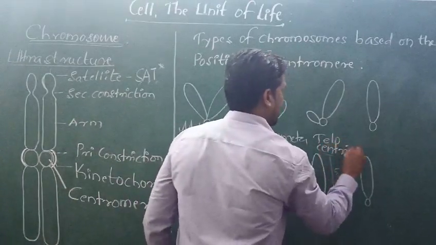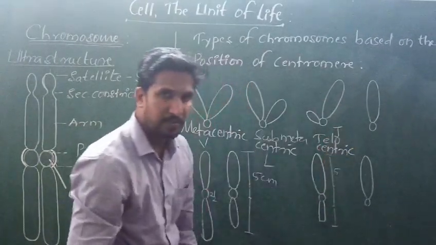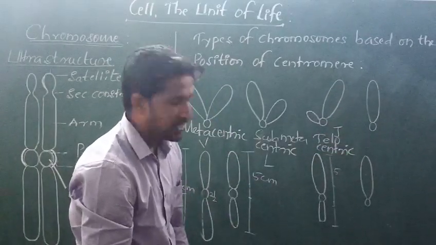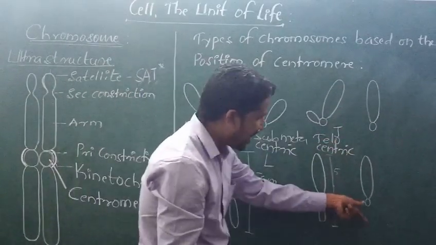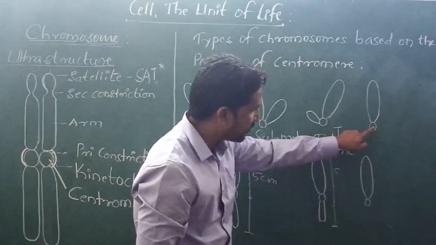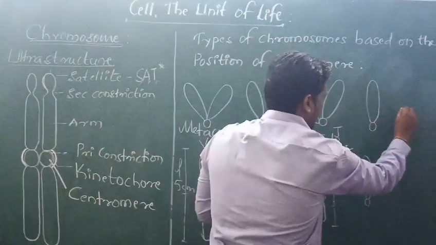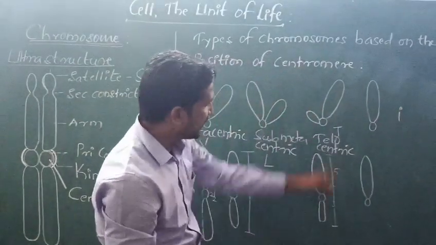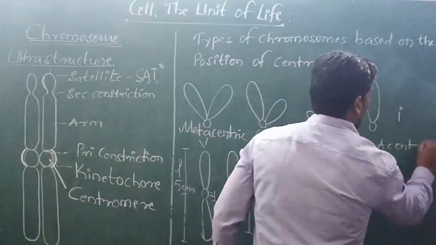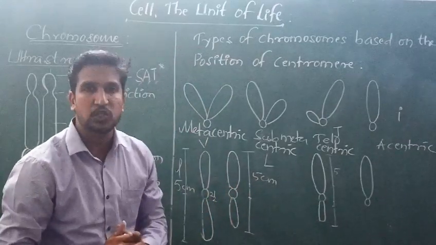Telocentric is going to show a J shape in structure. And the last one, one arm is absent. In a chromosome, one arm is absent. The centromere is present at the tip. If you turn it, it looks like an I. So it is said to be acentric, with no centromere actually.